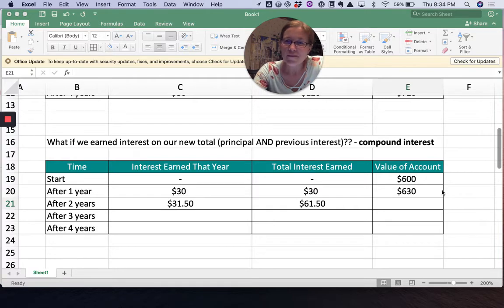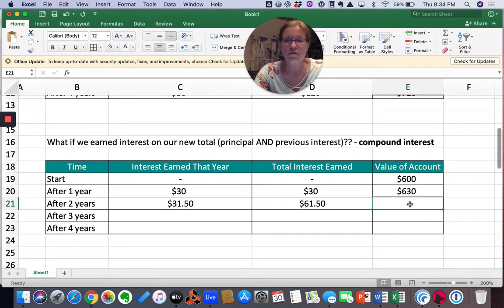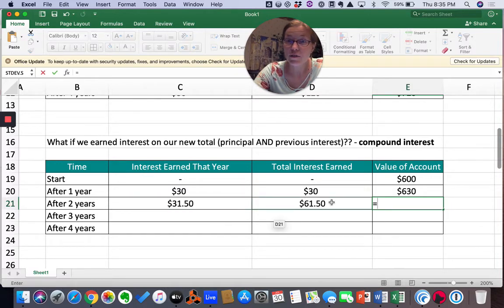So let's go ahead and fill in the rest of our chart. So we've got the interest that's earned year 2. And so the value of that account is going to be equal to, now I'm using Excel like a calculator, I press the equal button, and in order to get that amount, I'm going to take the previous value of the account, 630, so I'm just going to click on that cell. It's going to use that number, plus the interest we earned that year. So it's these two highlighted squares it's adding together.